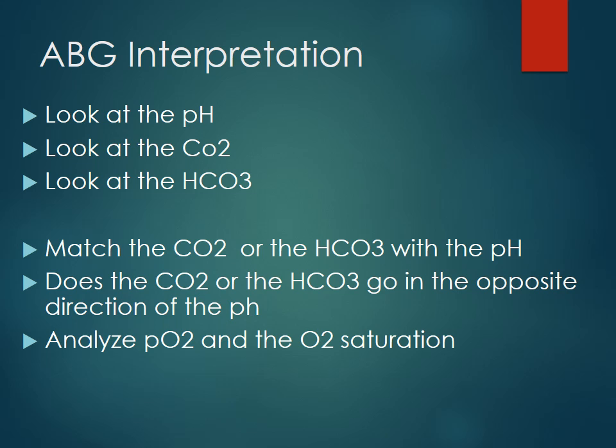Like I said, remember your PaO2 is not the exact same thing as your SaO2. Your PaO2 can be from 80 to 100. So if we get a 50 to 60, we're going to say that's mild. They do have some hypoxemia. Hypoxemia is the decrease in oxygen in the blood, in arterial blood.